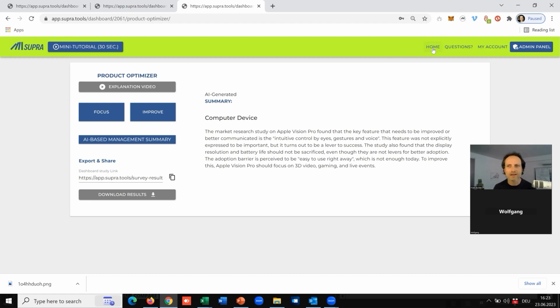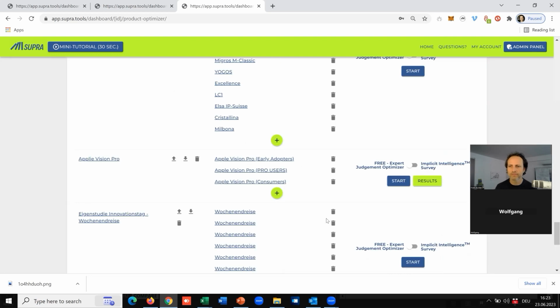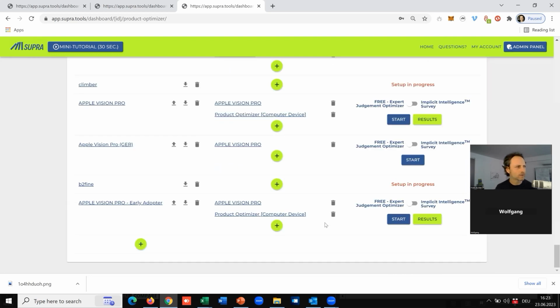But now let's look at the early adopters, because you might think, hey, the demand was not very high and there are some barriers to adoption for general buyers. Typically, Apple is known for targeting early adopters.